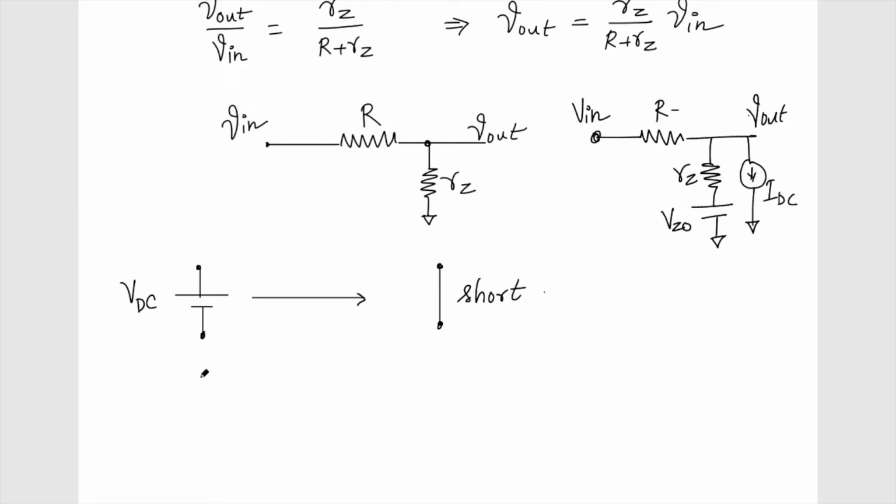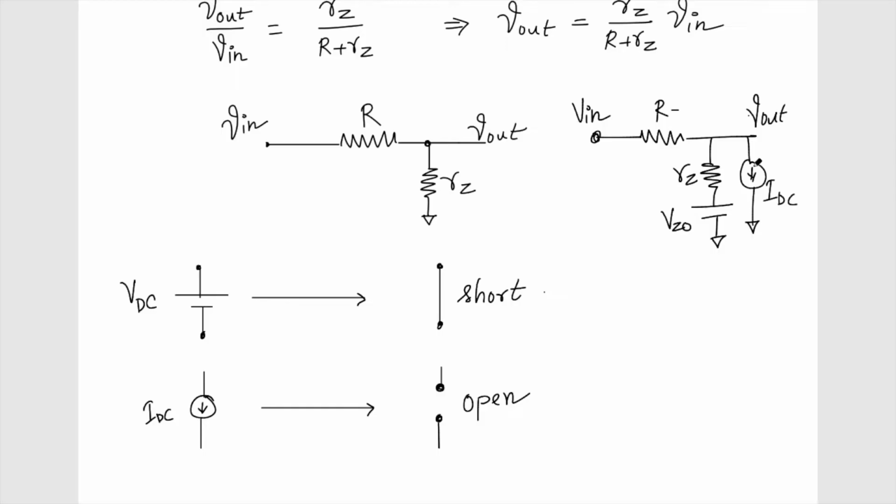So in case of the small signal analysis, if I have my DC current source IDC here, you will see that this will become an open, okay? I'm not doing this one. You can try it yourself. It's very easy.